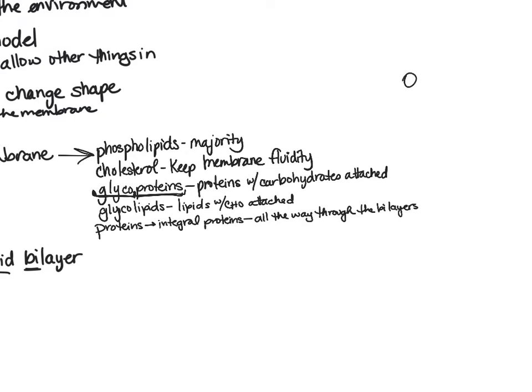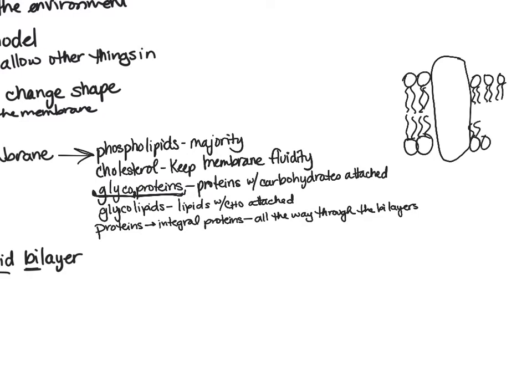So when we're looking at the plasma membrane, and we have our tails, our heads, we can have a protein that's going to go all the way through the two layers here. So this would be an integral protein.